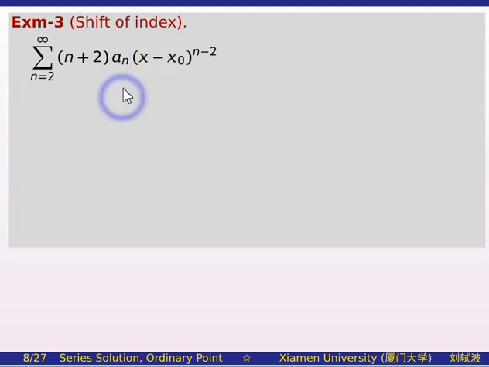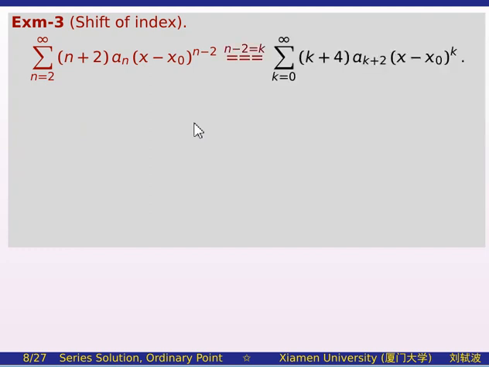But we want to write it as a series starting from 0. So we let n minus 2 be k. Then n is k plus 2. Substituting n equals k plus 2, n from 2 to infinity means k from 0 to infinity.